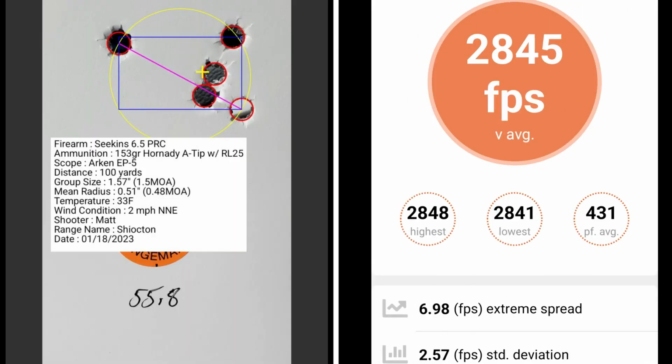At 55.8 grains of powder, I've got a group size of 1.5 MOA and a mean radius of 0.48 MOA. The average muzzle velocity was 2845 with an extreme spread of only 6.98 and a standard deviation as low as 2.5.